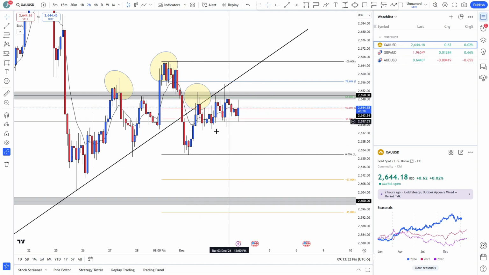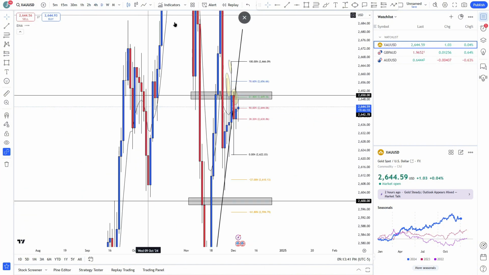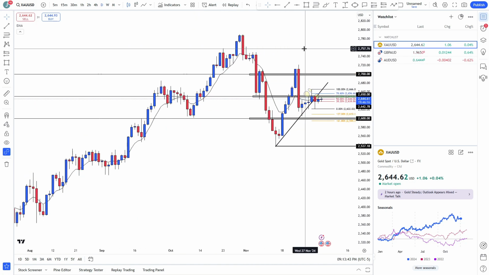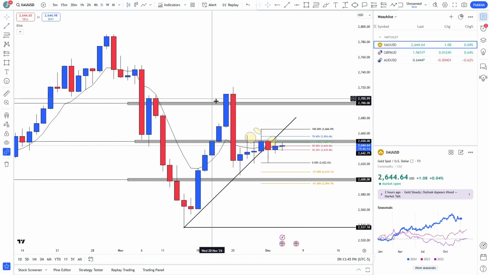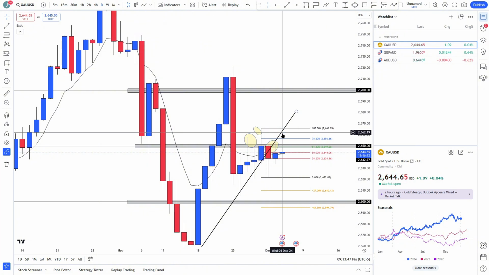I do see this higher low being formed, push up, higher low, but I'm not really convinced by this. Price has stayed below the 2650 for about 5 days.